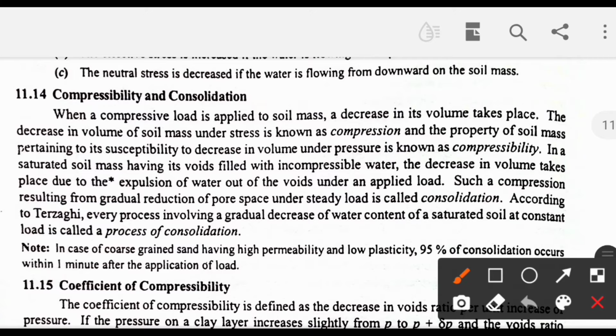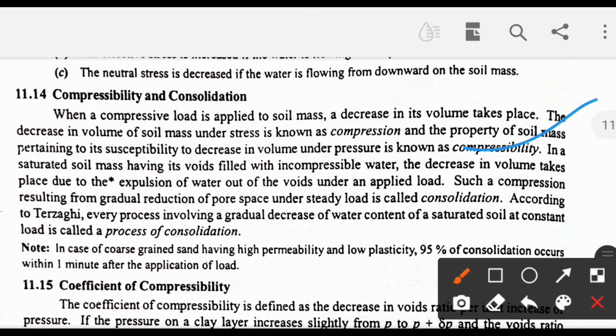The decrease in volume of soil mass under stress is known as compression, and the property of soil mass pertaining to its susceptibility to decrease in volume under pressure is known as compressibility.